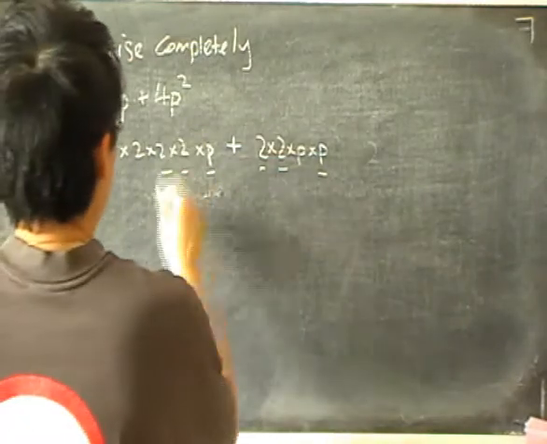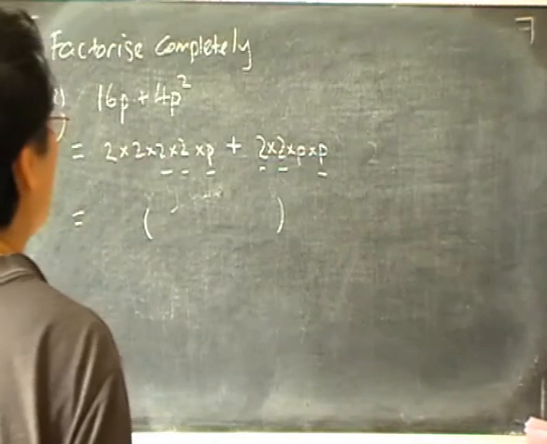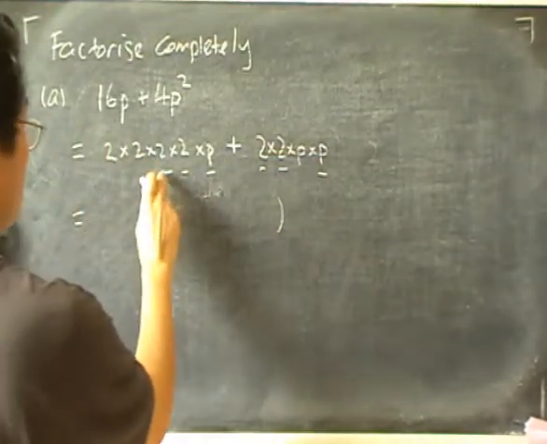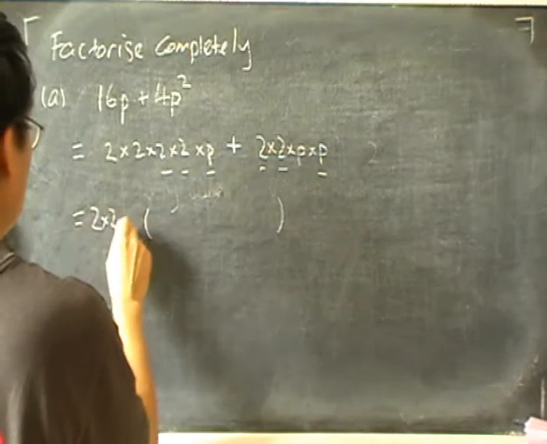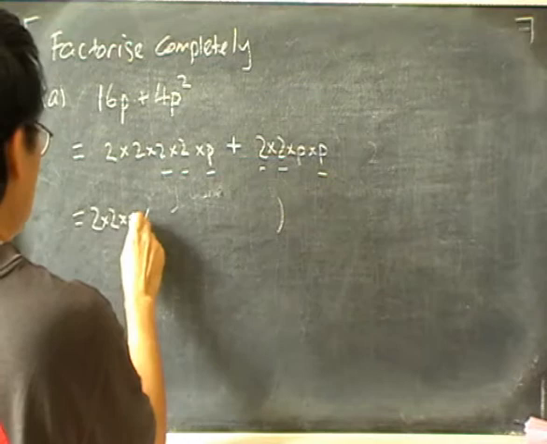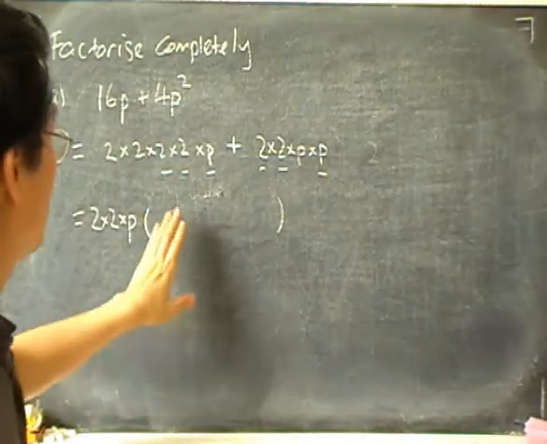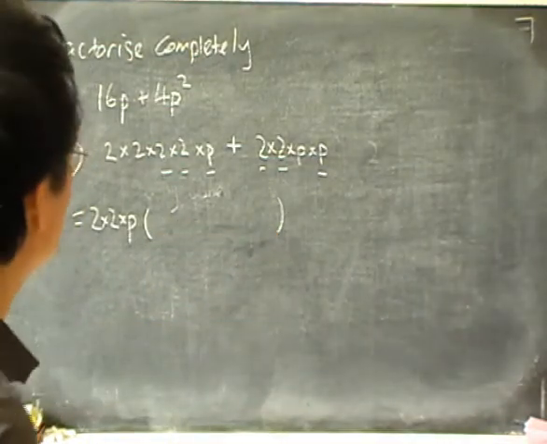This means that if I get ready a bracket here, I would take the common factors 2, 2 and p, so 2 times 2 times p outside of the bracket, and then I'll write down whatever remains inside the bracket.